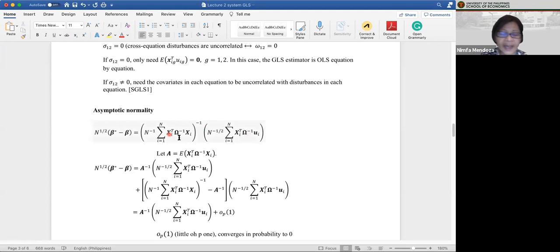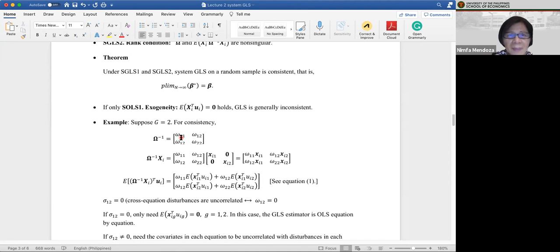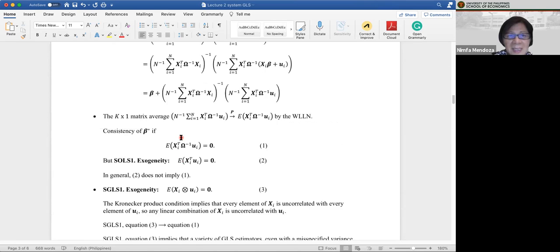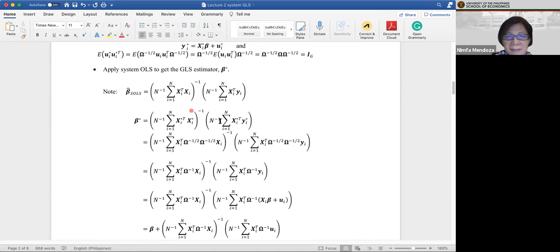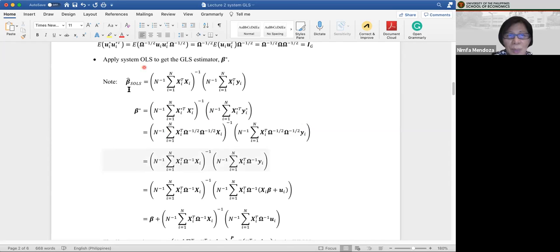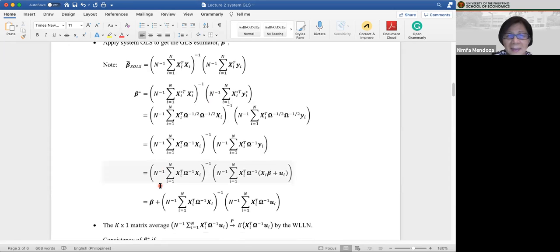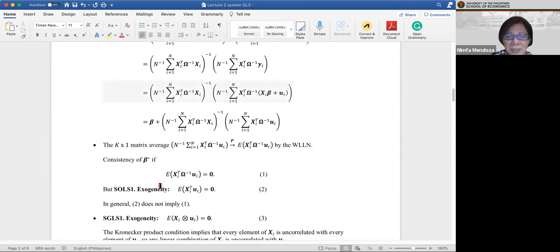You can get this from how we derived the GLS estimator using star variables initially. Then using what we had for OLS, you get a similar result, except that it would be in terms of star variables.